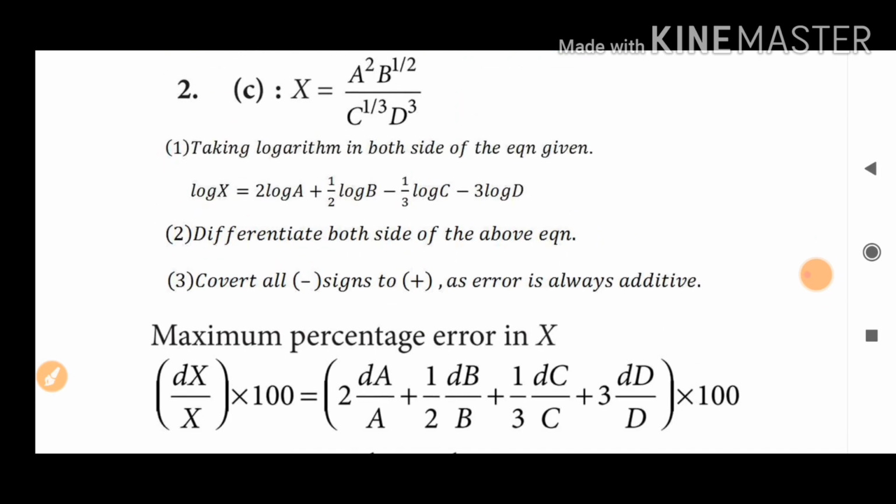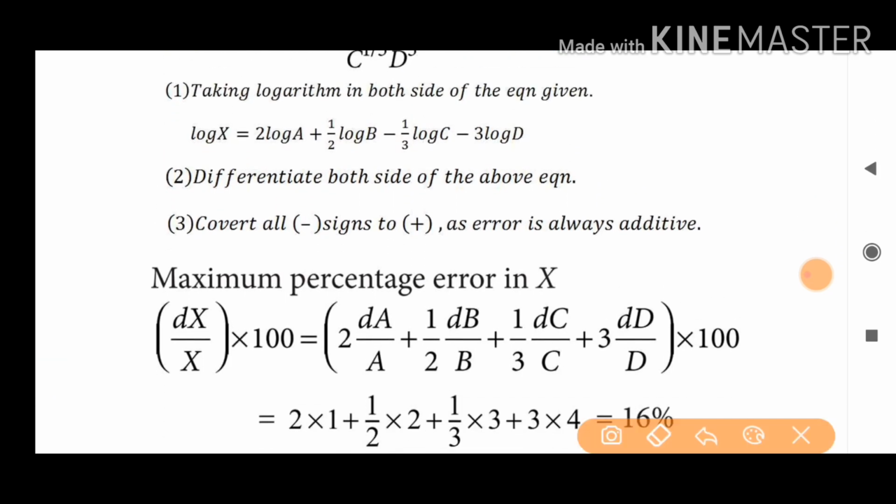Okay, so this is the equation, and the differentiation of this equation is this. So log x gives dx by x, and this 100 is for the percentage error, and here 2, and differentiation of log a is dA by a.